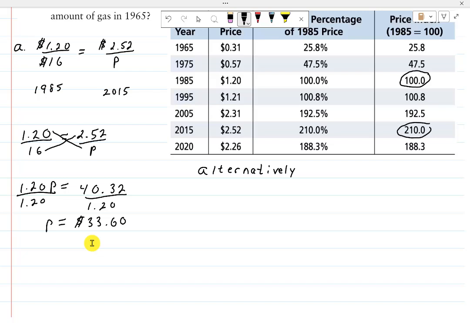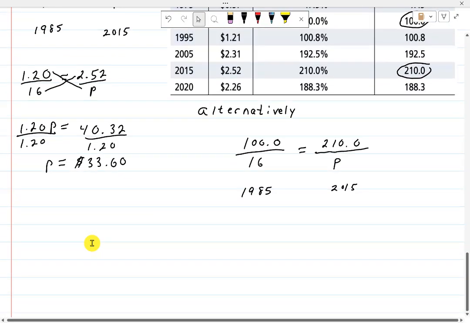And then what I could have done is set up my 100.0, there's my index number, divided by the $16 that I spent in 1985. And that equals, then in 2015, I put my index number on the top, that's the 210.0, and the price down here I would like to know.